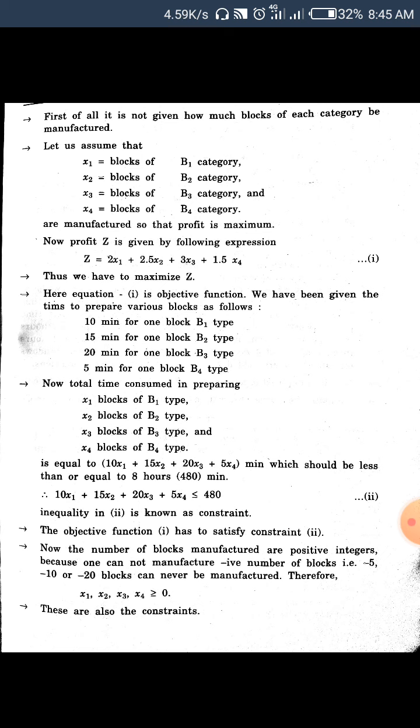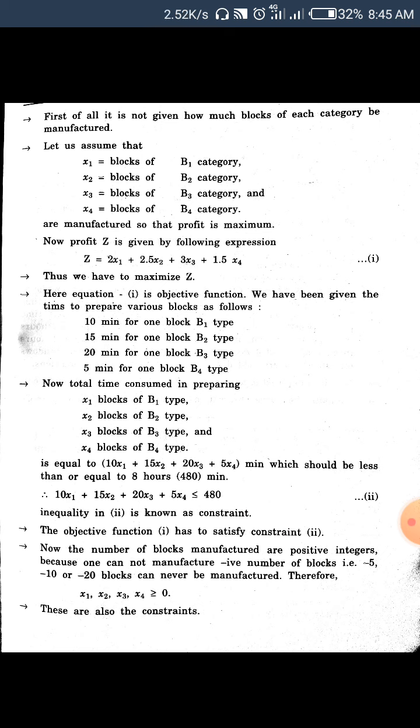So z is equal to 2x1 plus 2.5x2 plus 3x3 plus 1.5x4. Thus we have to maximize the value of z. Z is a profit, so we must maximize it. Equation 1, z equal to 2x1 plus 2.5x2 plus 3x3 plus 1.5x4, is the objective function.